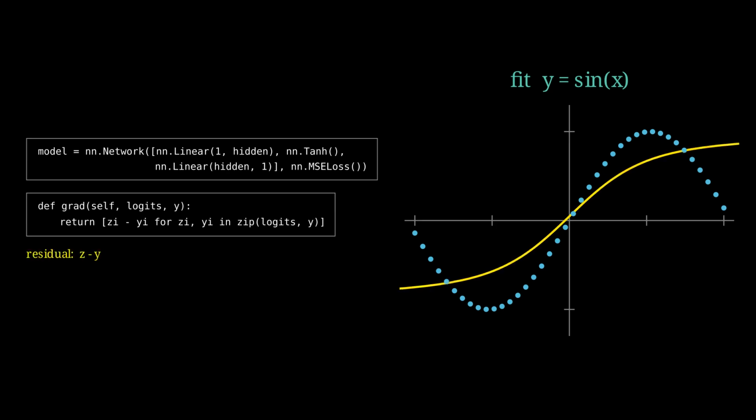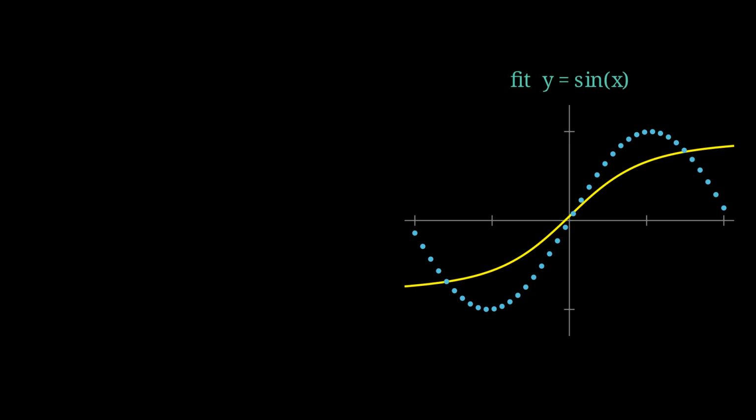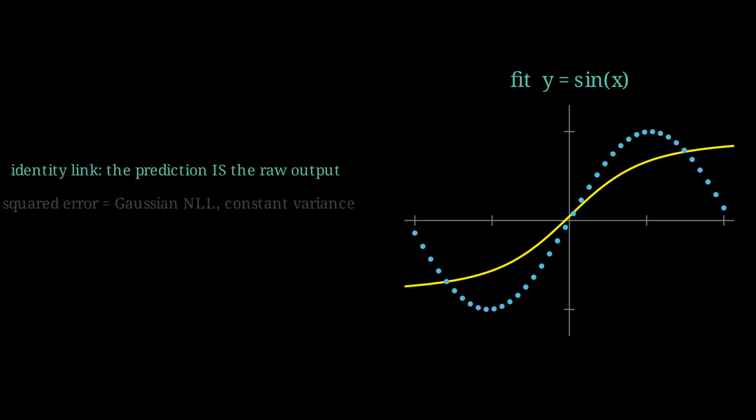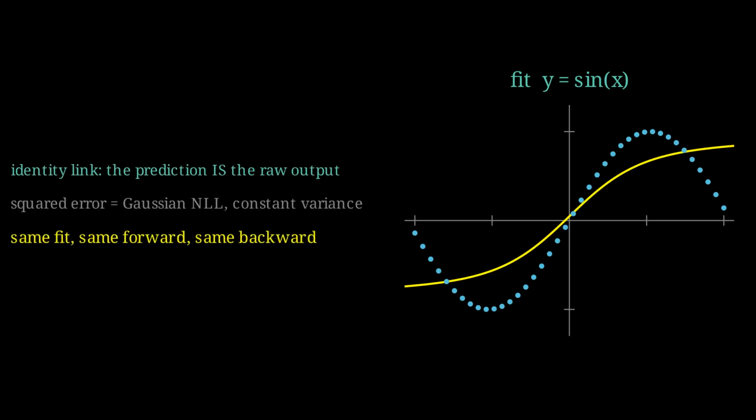But squared error is not a probability at all. The last three episodes were all about probabilities and cross-entropy. How is this suddenly the same machine? Because the network never dealt in probabilities to begin with, the loss did. Under the hood, squared error is the negative log likelihood of a Gaussian with constant variance. You are still doing maximum likelihood.